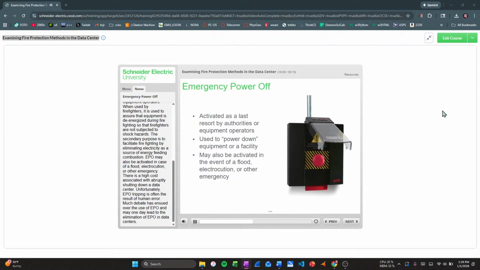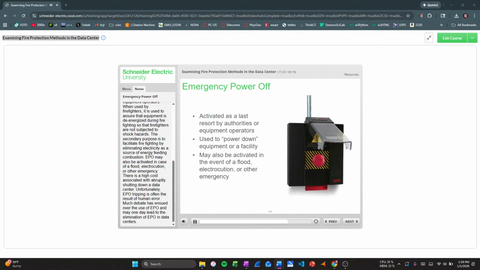When used by firefighters, it is used to assure that equipment is de-energized during firefighting so that firefighters are not subjected to shock hazards. The secondary purpose is to facilitate firefighting by eliminating electricity as a source of energy, feeding combustion. EPO may also be activated in case of a flood, electrocution, or other emergency.